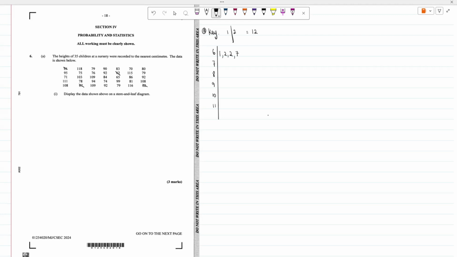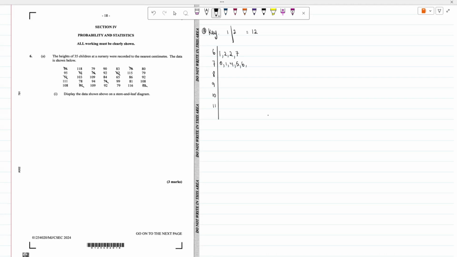Moving into the 70s now. I've seen a 70, I've seen a 71. 70, 71. 74, 75, 76. 77s?